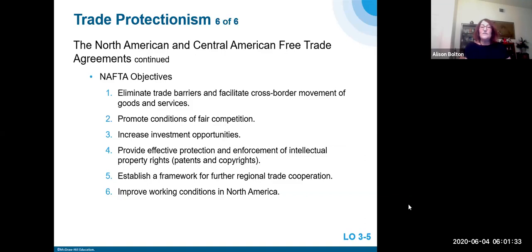So when we start to see one of the three countries with NAFTA trying to sell a product so extremely differently, and there's underhanded competition, they can step in and reduce that competition. They help get you funding when you need it, so you can increase investment opportunities. They provide effective protection and enforcement of intellectual property rights, patents and copyrights.